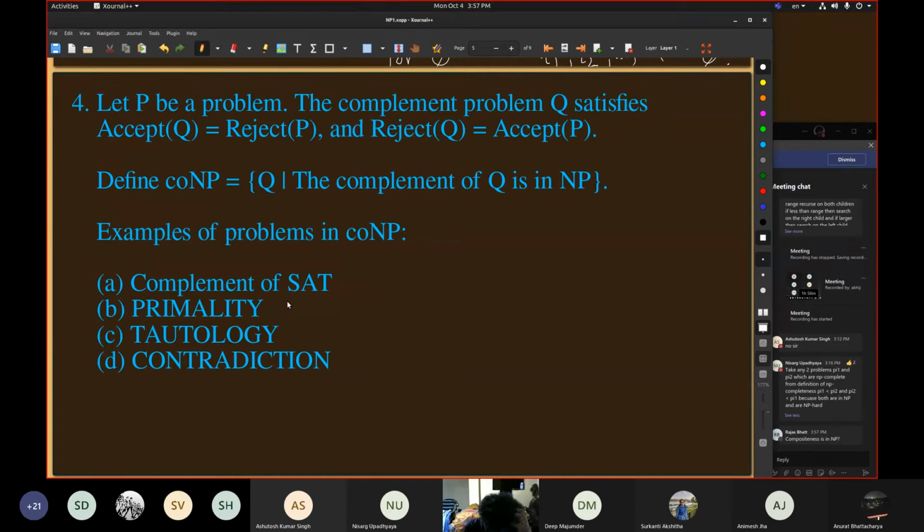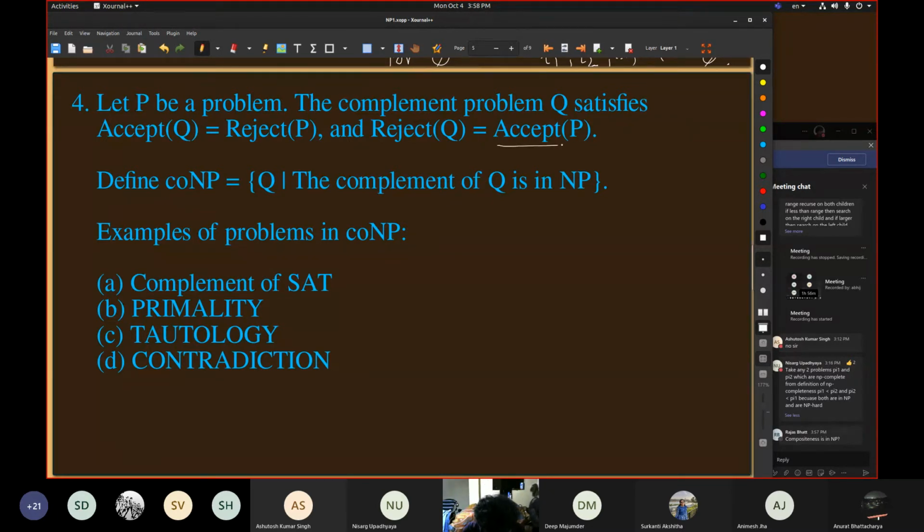And before introducing the third and the fourth problems, let me identify one important issue about co-NP problems. So P is a problem in NP, and this complement is co-NP.